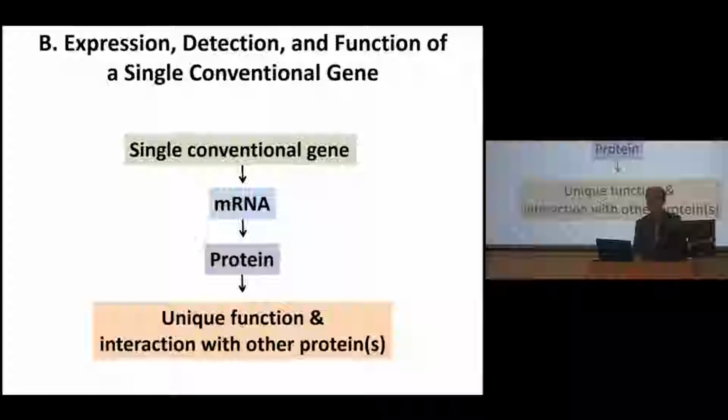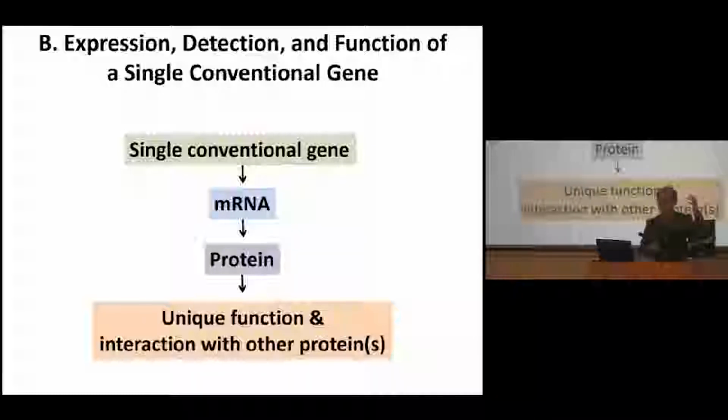Now I'd like to move to the next subject, that is the expression, detection, and function of a single conventional gene. As a graduate student and postdoc, and earlier in my science career, I did not question all the information that I learned and read.